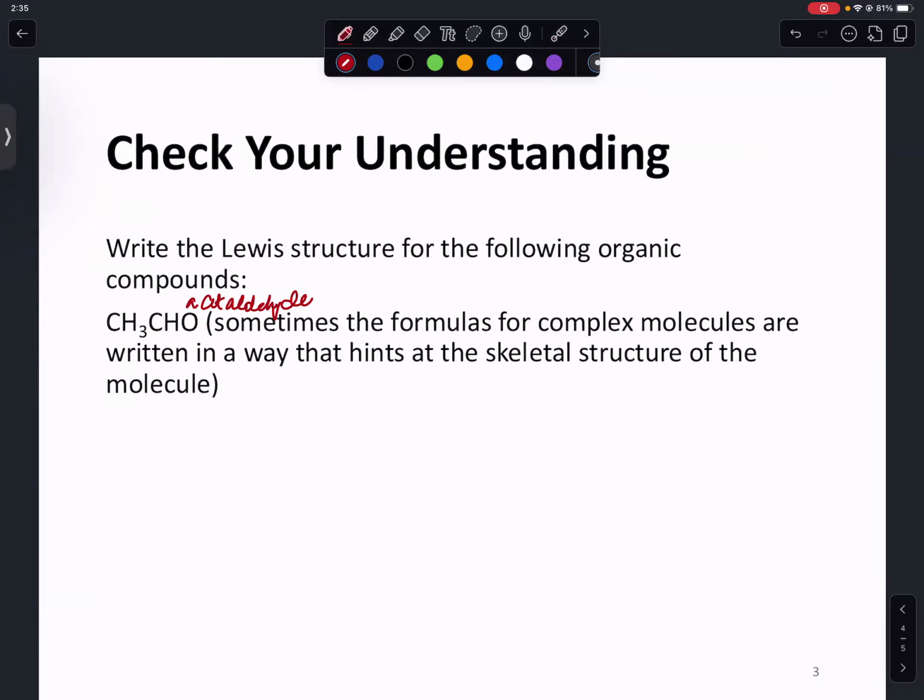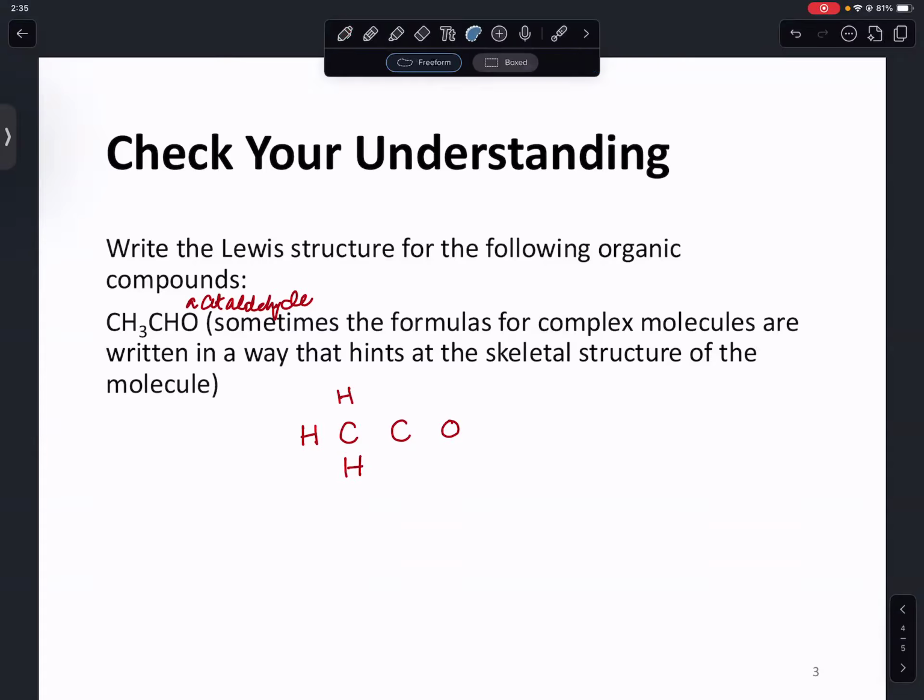So in this case, I can write out the structure. I'll start with the carbons and the oxygen laid out, and then I will use the hydrogens to complete the octet of the carbon.